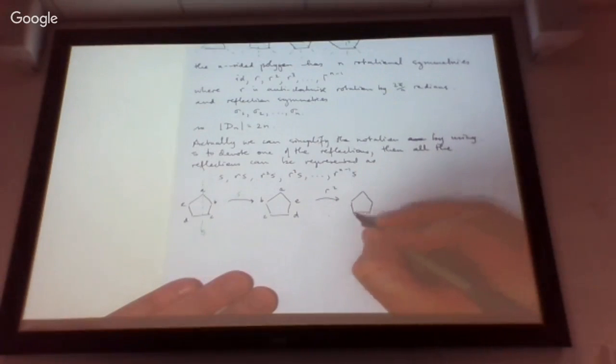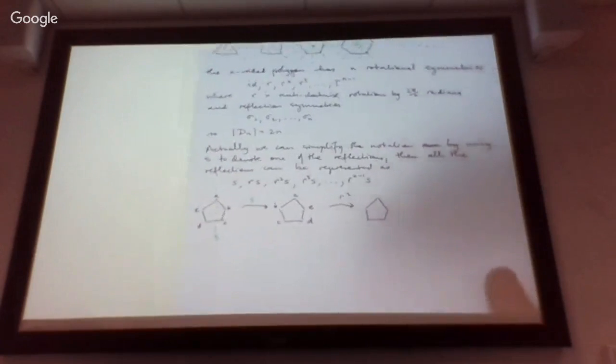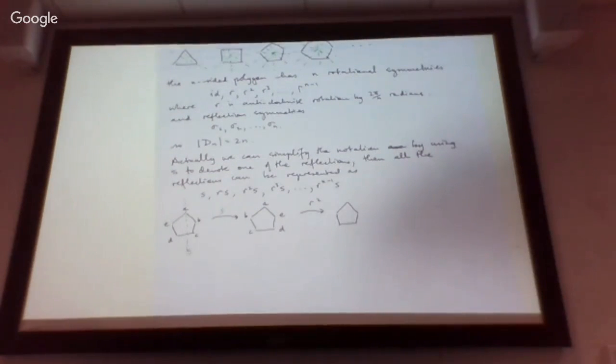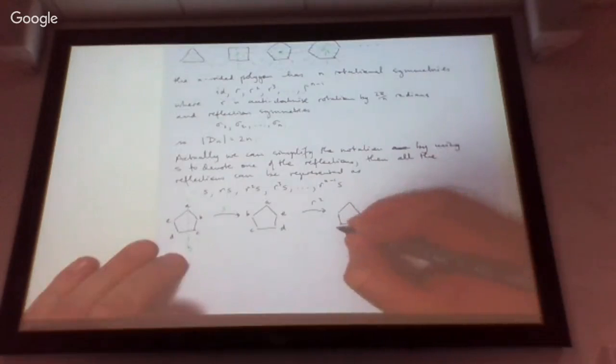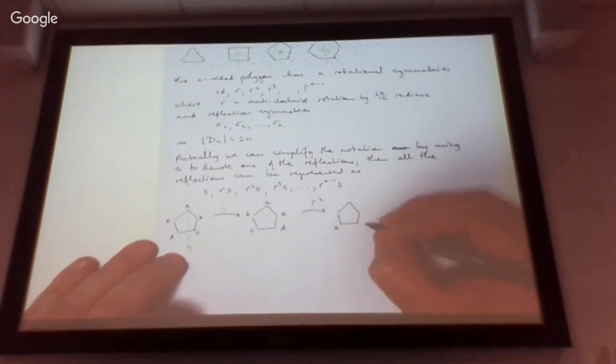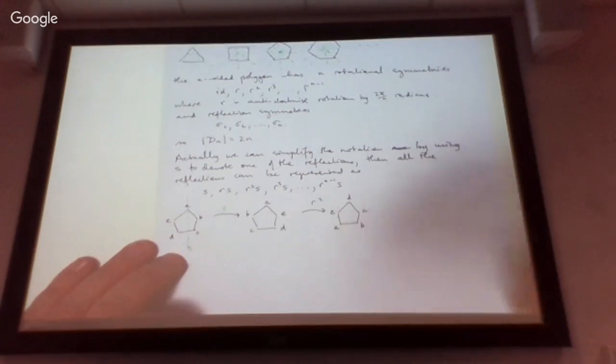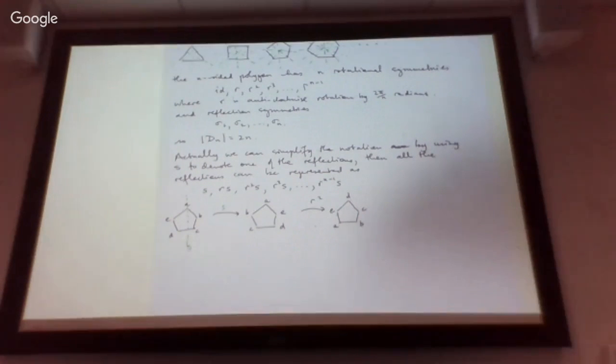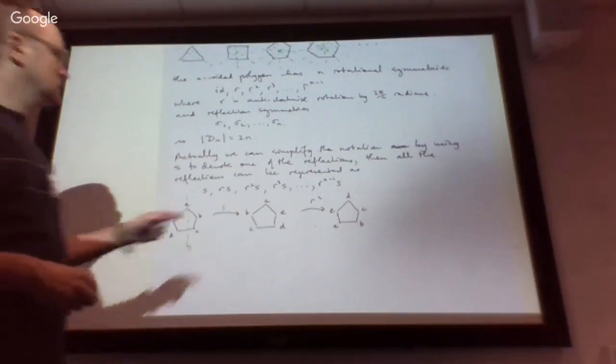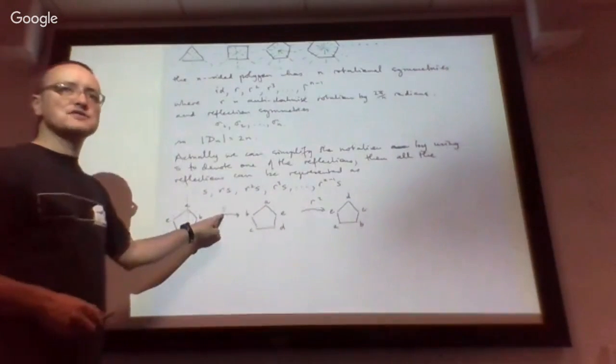So r is rotation by 1/5 of a turn anti-clockwise. When we do r squared, it's moving everything on 2 positions. So it will go A, B, C, D, E. So that's the composition r squared after S.